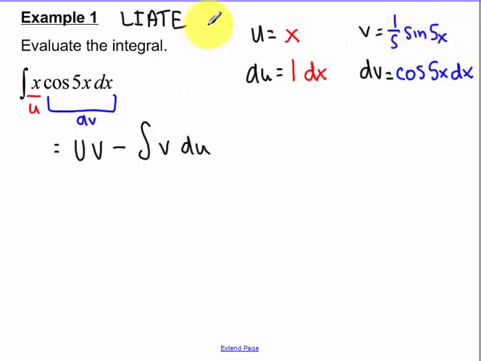Now all you have to do is plug into this formula. U is x. V is 1/5 sine of 5x minus the integral of v du, which is 1 dx.